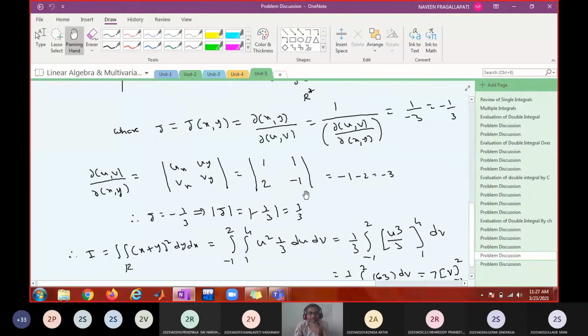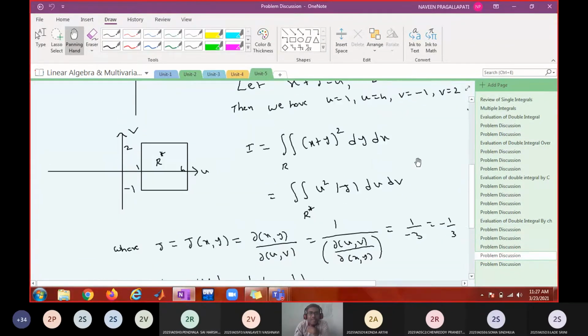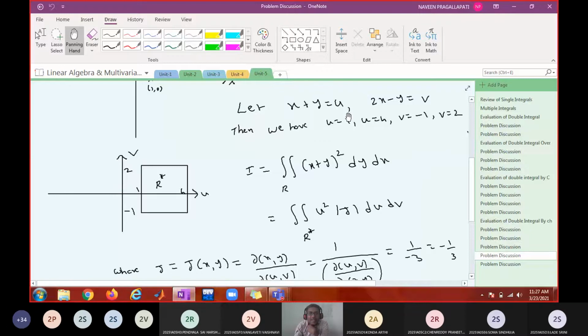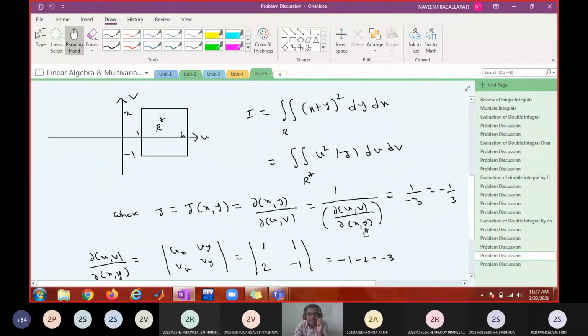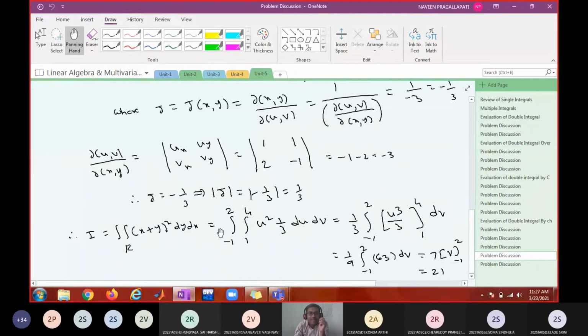To find the Jacobian, we sometimes find the Jacobian of u and v, because in most cases u and v will be the dependent variables when we are taking the substitution. Then when you take the reciprocal of that Jacobian, you will get the Jacobian of x and y. That is what we did for this case, and then we got this answer.